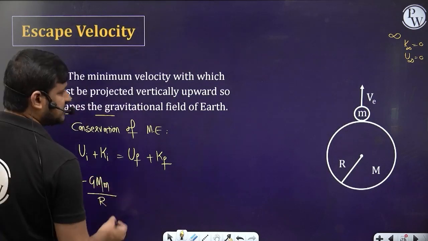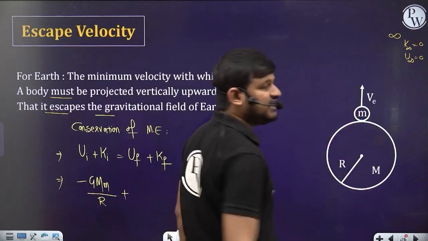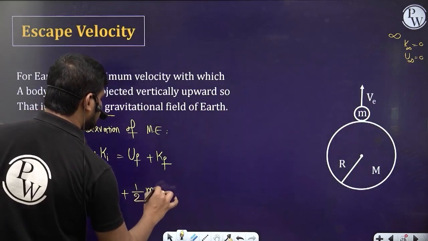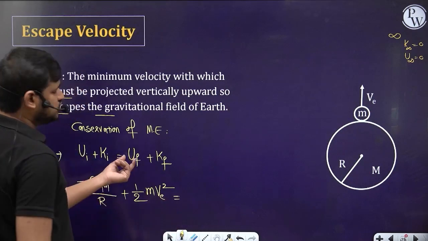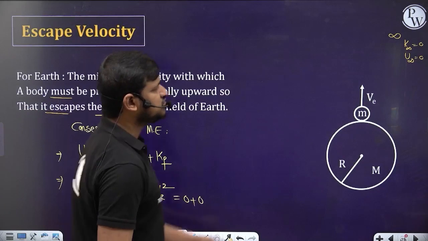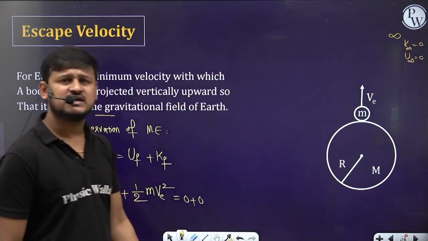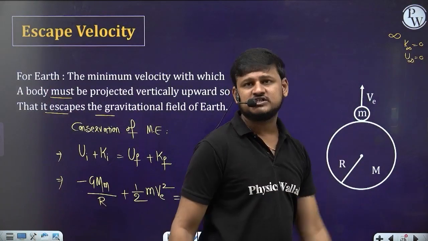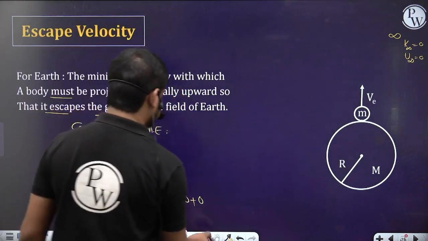The initial kinetic energy: it is thrown with some velocity ve, so we can write half m ve square, which is equal to U final 0, K final 0, because you are throwing it to some far distance. At infinity the potential energy and kinetic energy are taken to be 0. Now let's do the calculations.